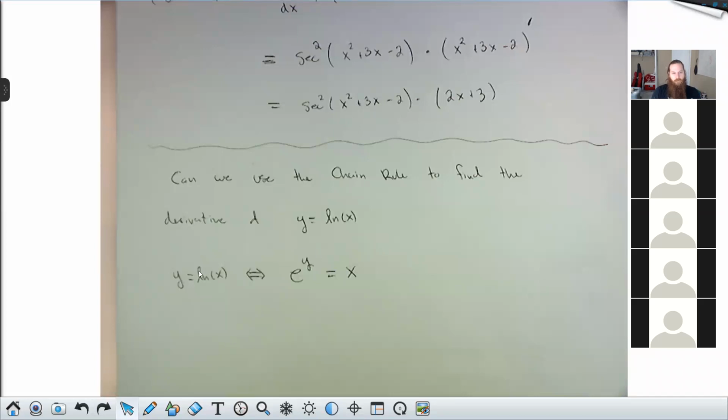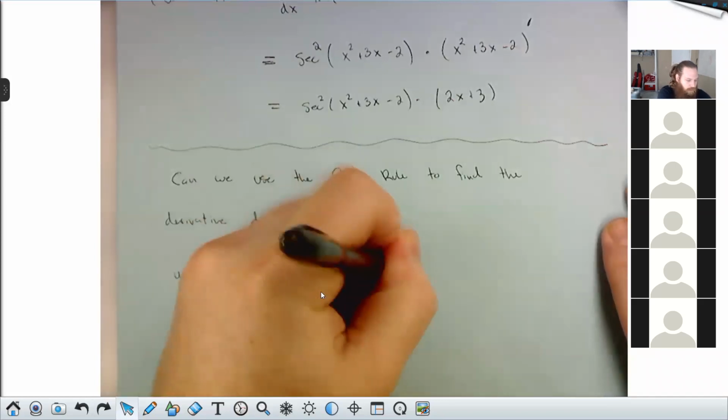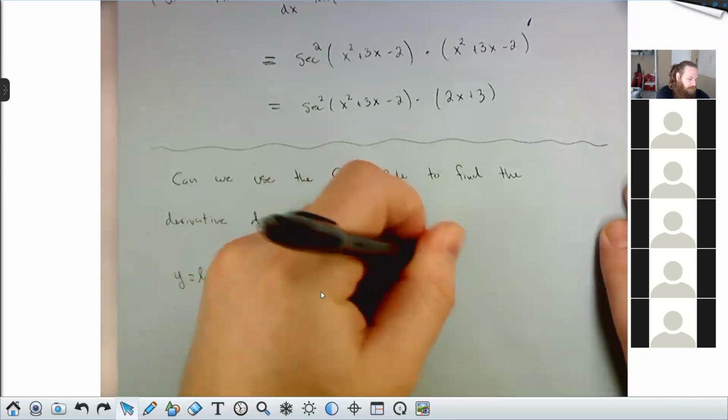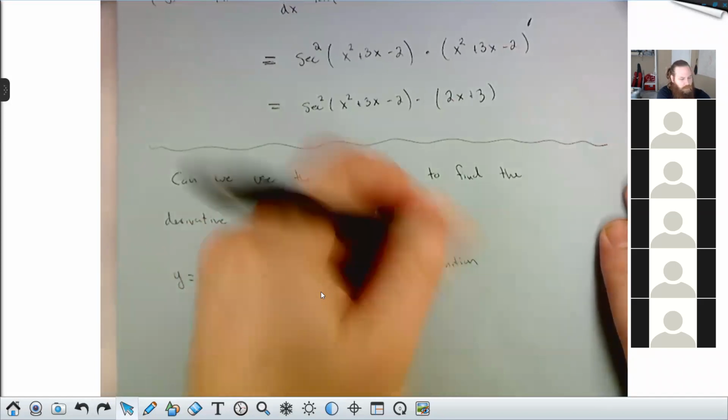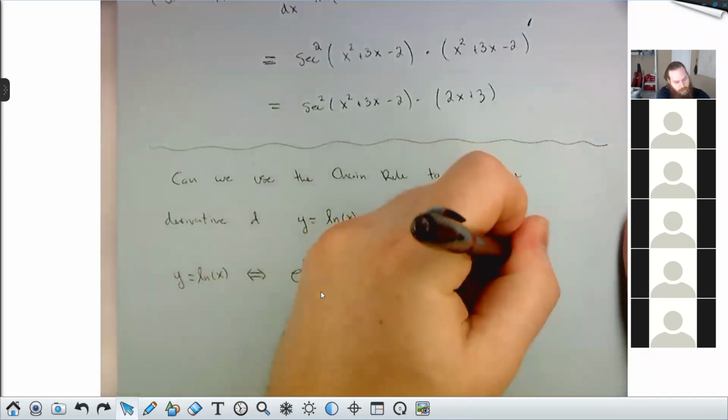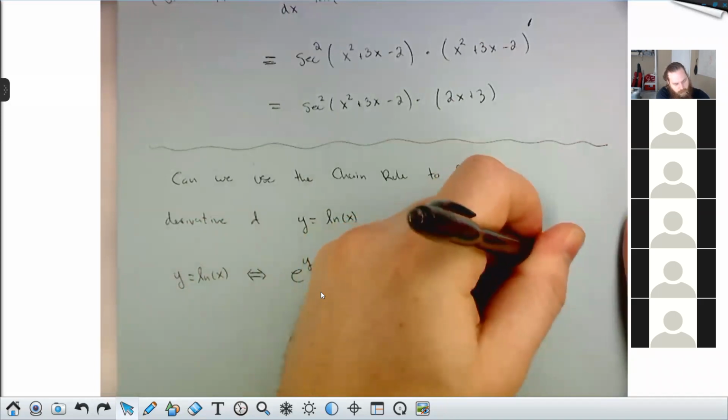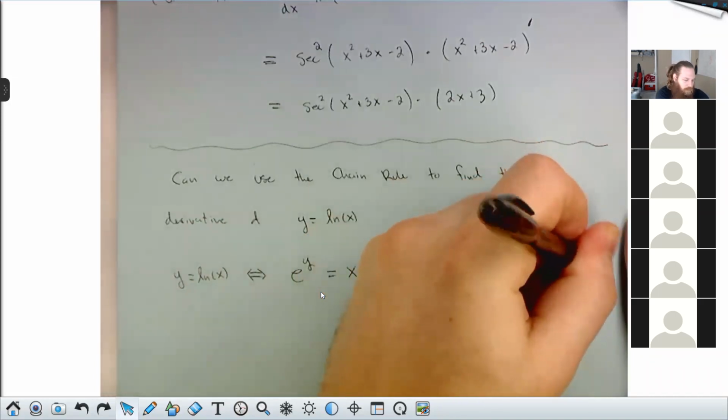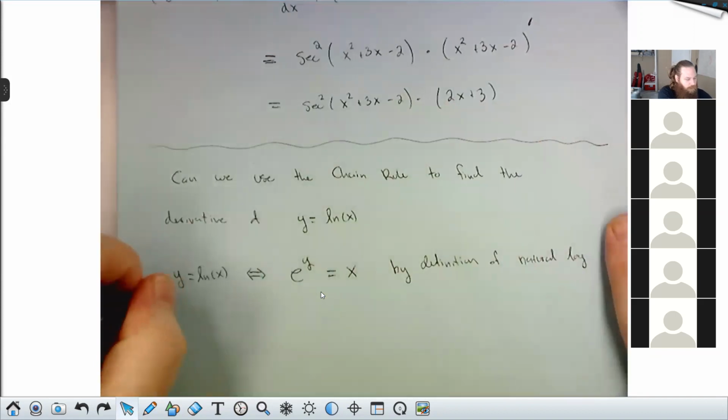This and this mean the same thing. This is the definition of the natural log. And now we can differentiate.